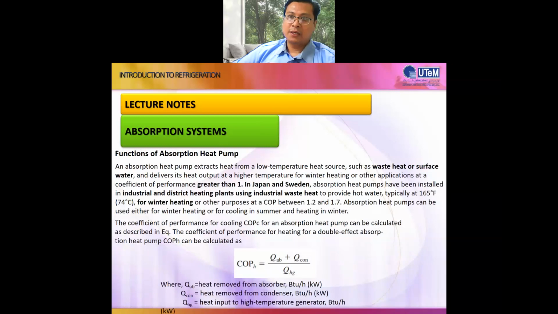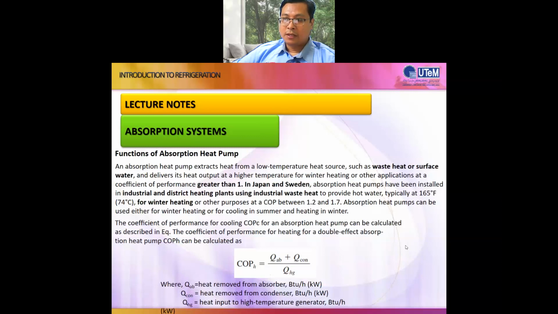Okay, how to measure the coefficient of the absorption system itself, by formula: COP_H, where H refers to the heat, thermal. We use this formula: Q_AB plus Q_condenser, where AB means the absorber, over Q_HG. HG refers to the heat input of the high temperature generator.